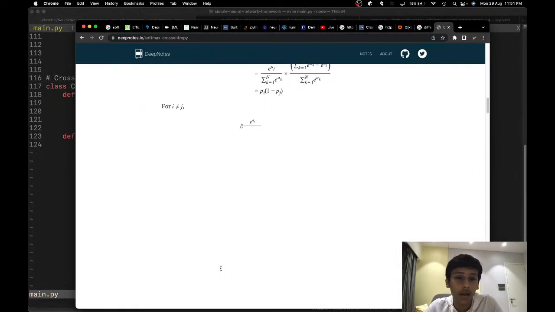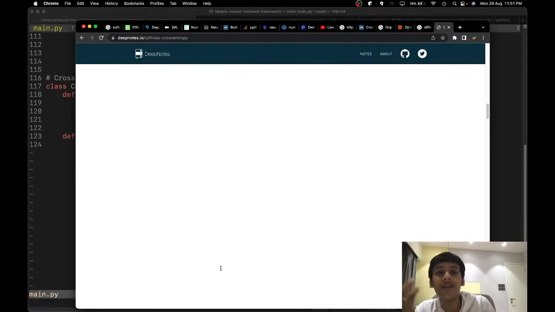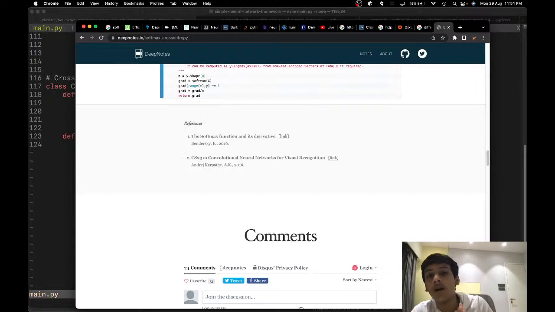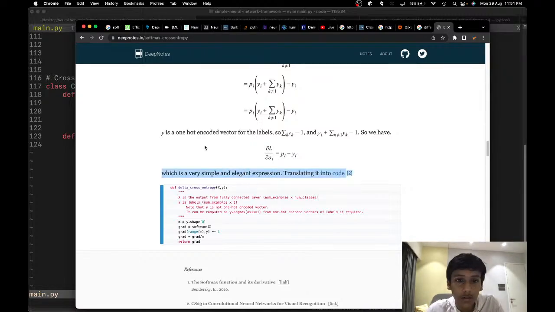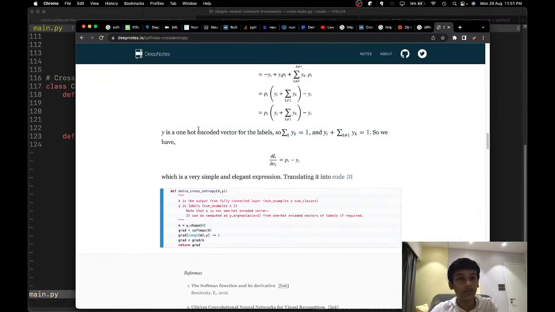Now, correct me if I'm wrong, but if the output of this, the derivative, was just pi minus yi, you know what? I'm just gonna do that. Pi minus yi. So, yeah, I'm just gonna do that.